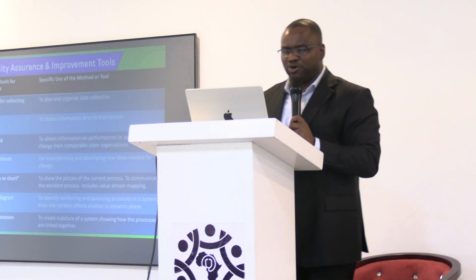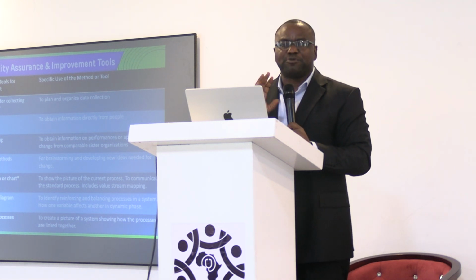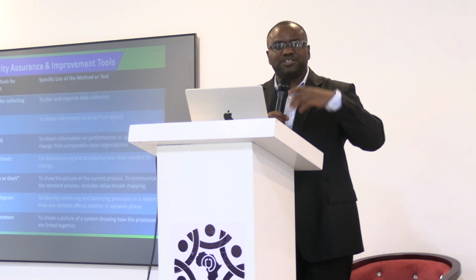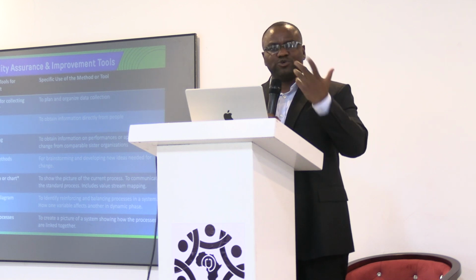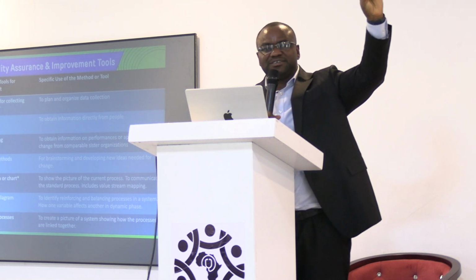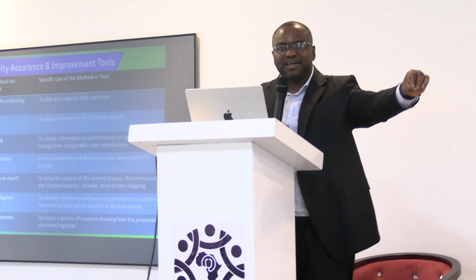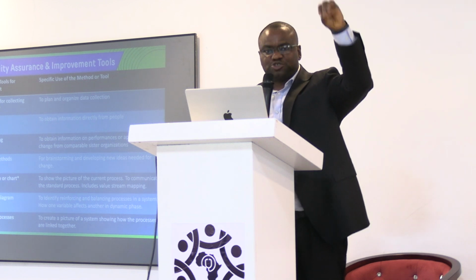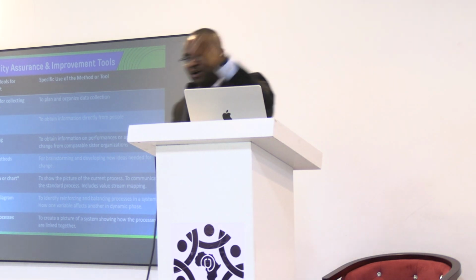Now, flow diagram or chart. This is what I tell people. Anytime there is a problem, especially things that relate to supply chain, please take the pain to draw a flow diagram. It just simply means: where did this drug come from? Okay, let's say our original source is a wholesaler. The guy gives it to the truck driver, isn't it? The truck driver brings it to the local government.